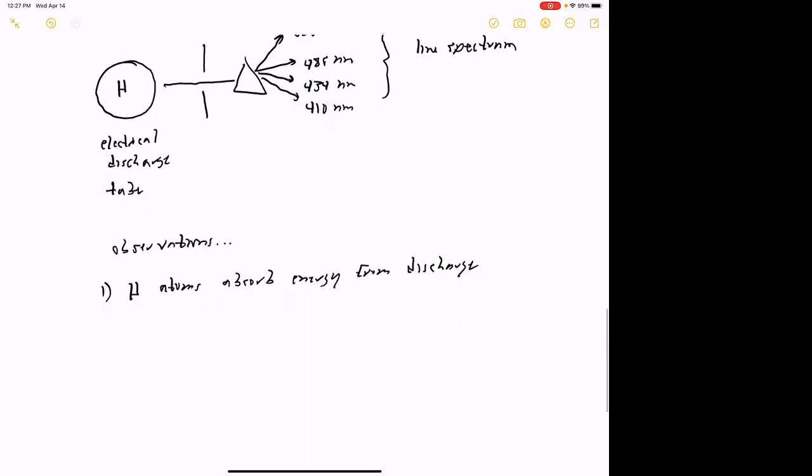Okay, and then the second thing that we notice is that the hydrogen atoms give the energy back, but not in the form of electrical discharge, but in the form of light coming off at very specific wavelengths.